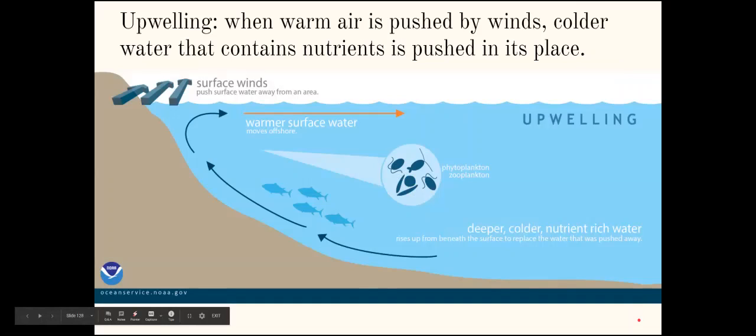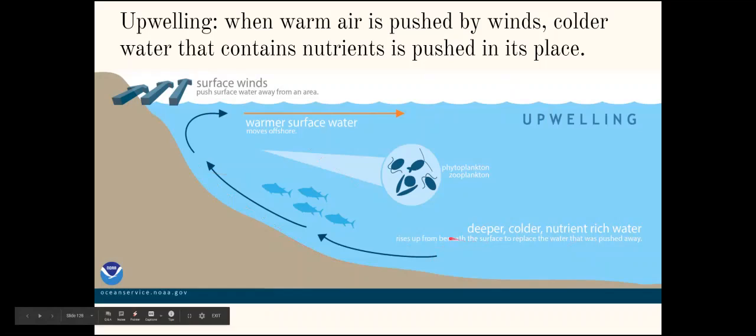On top of that, what you see with this moving of warm water is upwelling. Upwelling is when warm water is pushed by the winds. Colder water that contains nutrients is pushed in its place. So warm surface water is going to go one way, cold nutrient-rich water is going to go the other way.